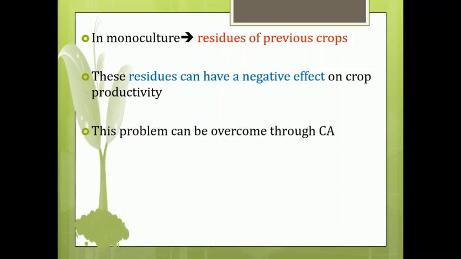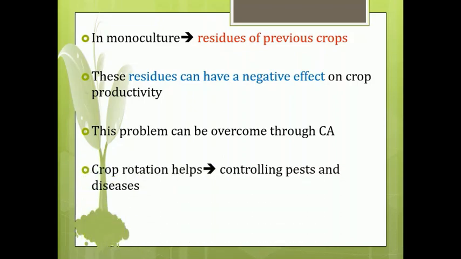This problem can be overcome through conservation agriculture, since crop residues from different crops are left on the land after harvesting of crops. Other than that, crop rotation helps in controlling pests and diseases of the conservation agricultural grounds.